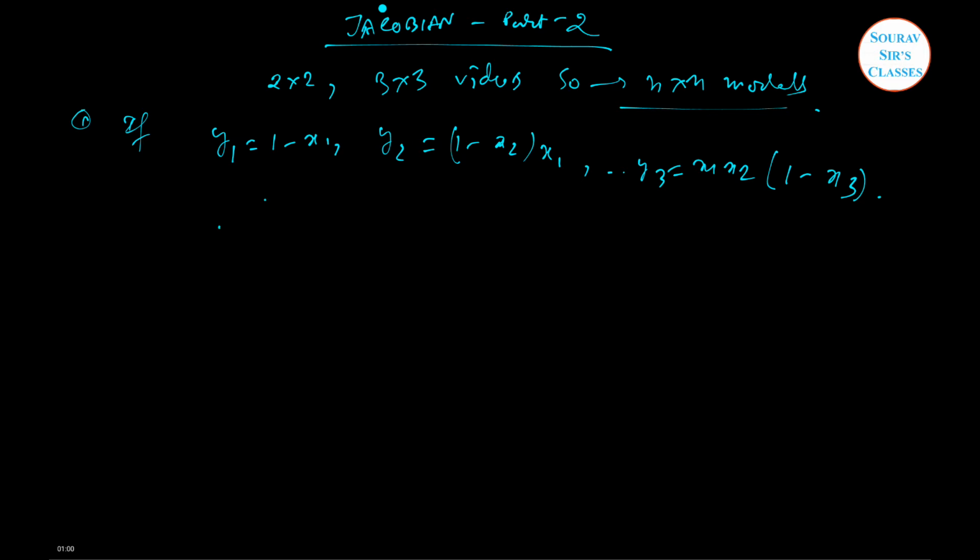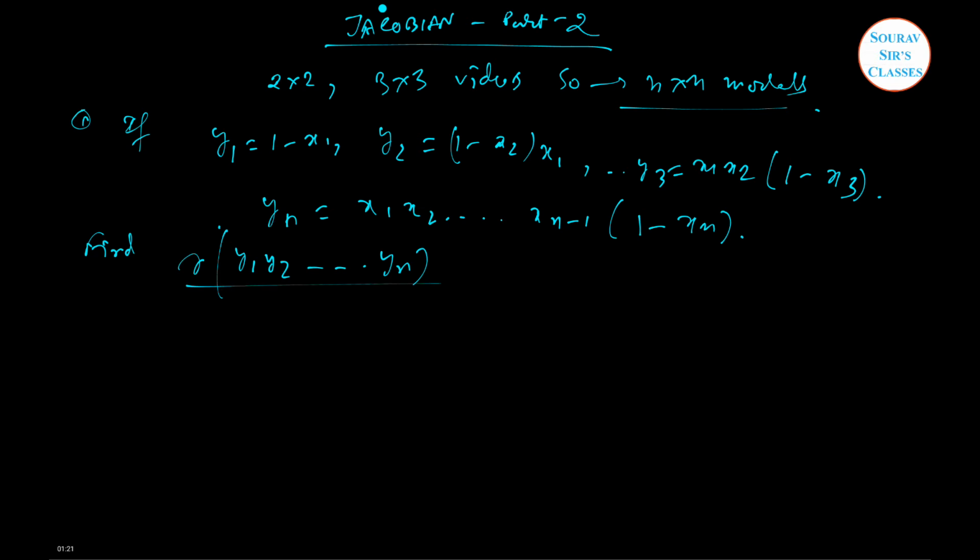So you're getting the pattern. So yn will obviously be x1 x2 dot dot dot xn minus 1 into 1 minus xn. So this is given. All you have to find is the value of del of y1 y2 dot dot dot yn divided by del of x1 x2 dot dot dot xn. This we need to find out.